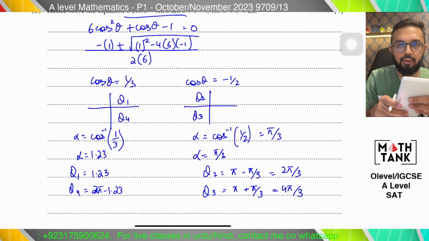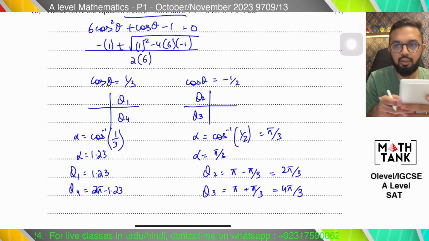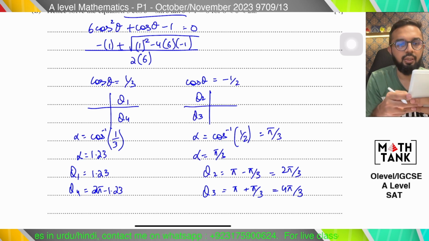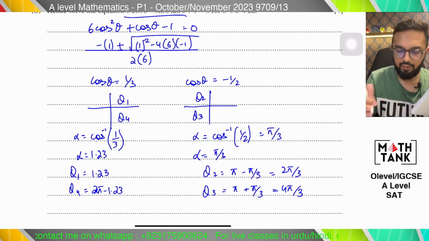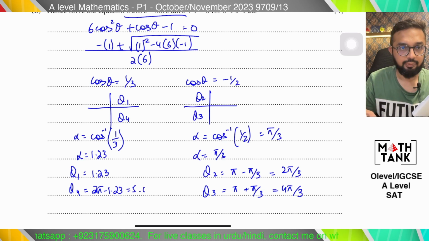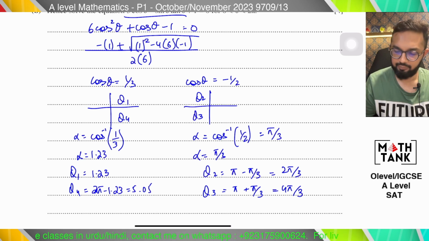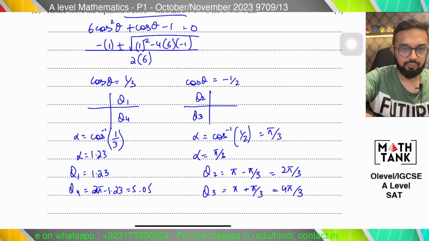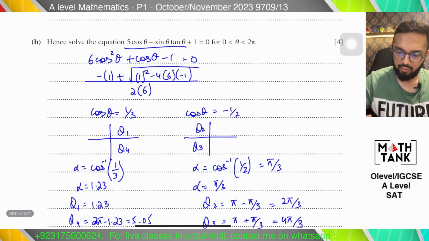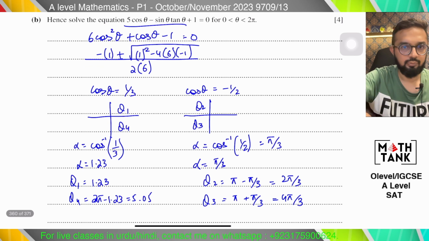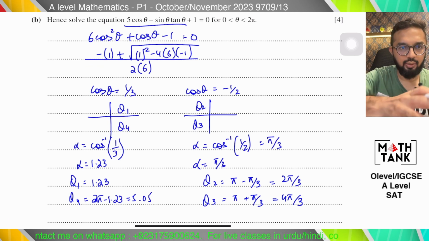Let's quickly calculate this. 2 pi minus 1.23, that's 5.05. Yes, those are the correct answers.